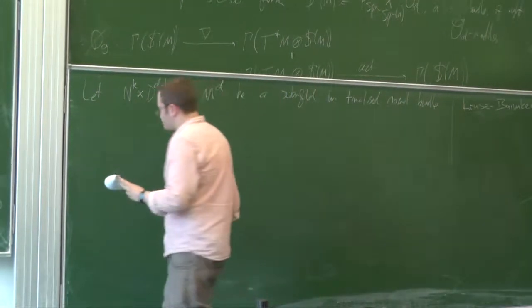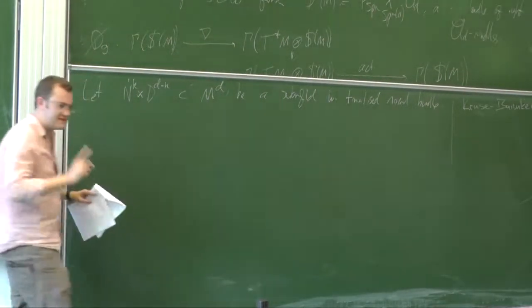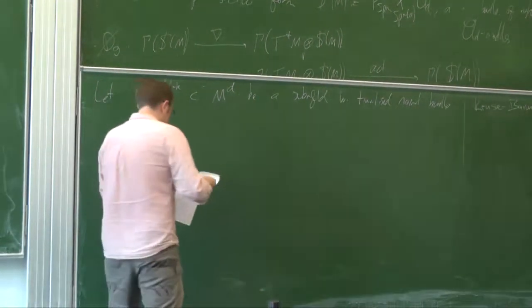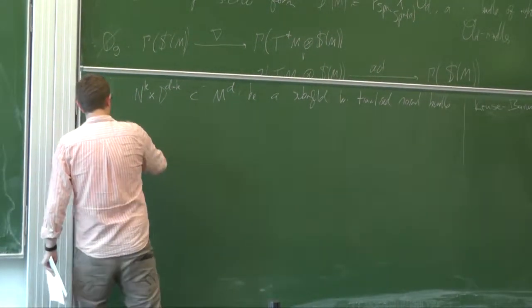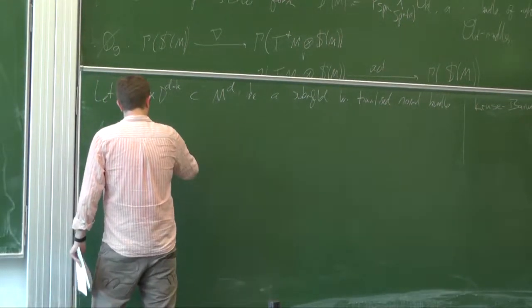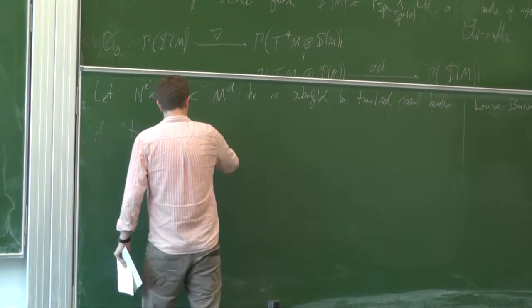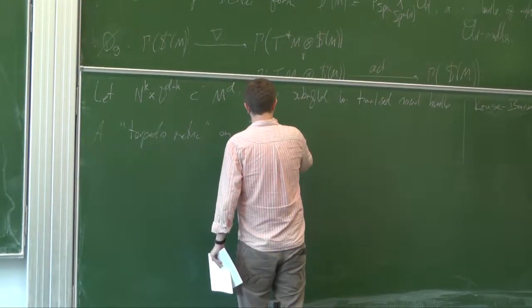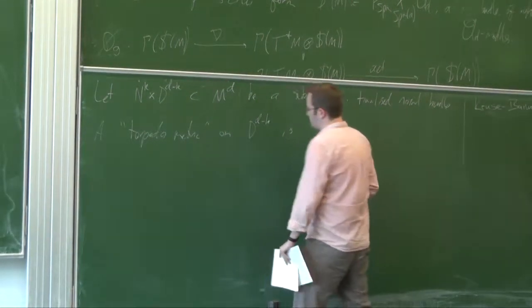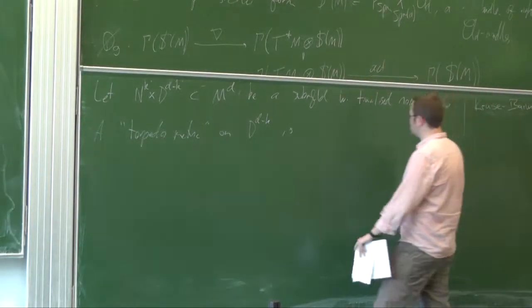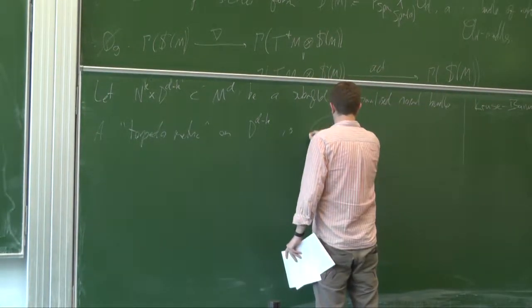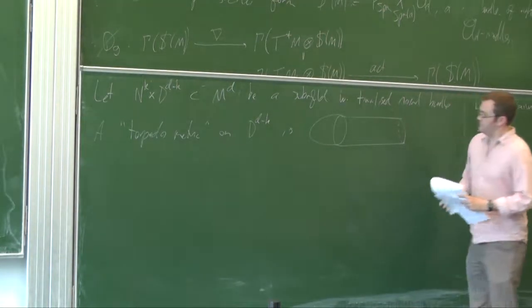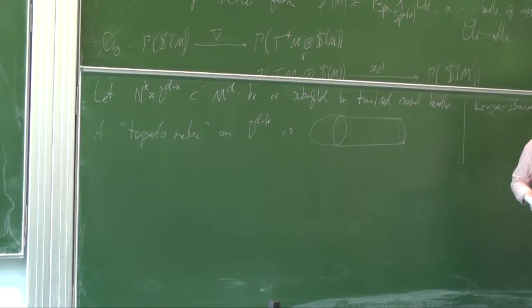And then I want to describe a metric, a particular choice of metric that I make once and for all on the disk. Okay? And it's called a torpedo metric. Let me just draw it first, and then you'll see why it's called what it is. So that is abstractly a disk.